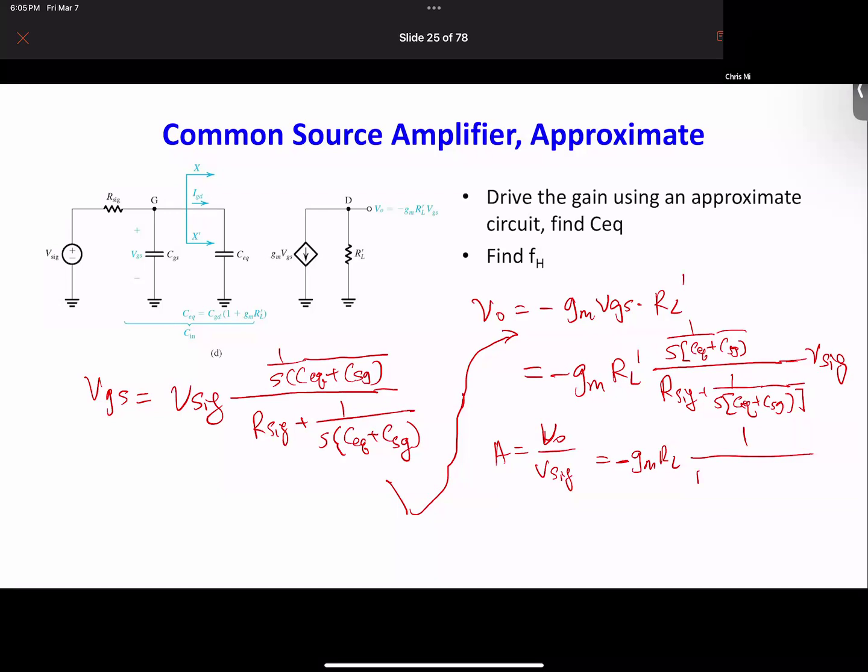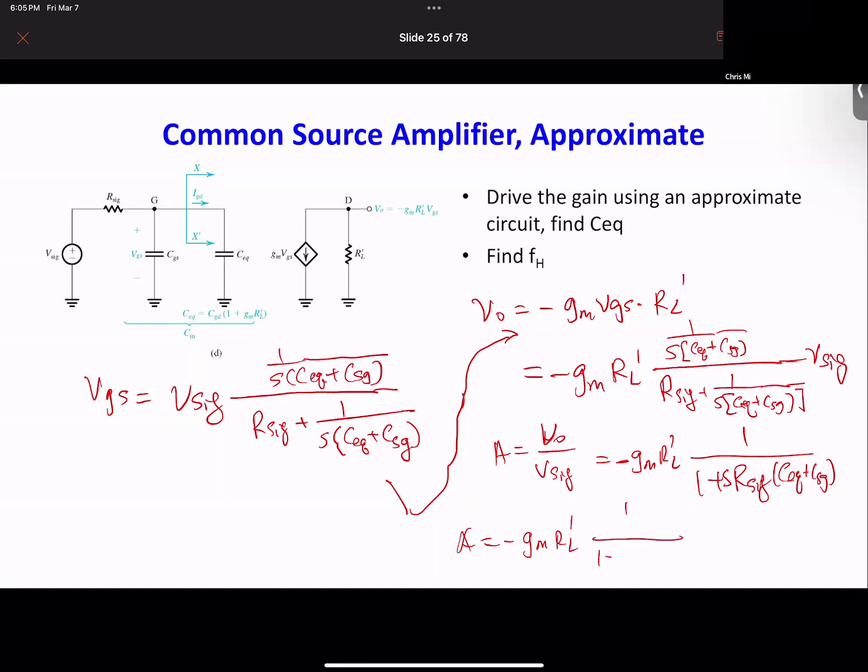So we'll get 1 over 1 plus S times RSIG times (CEQ plus CGS). So this is what we get for the gain. Now we can rewrite this further as minus GM times RL prime times 1 over 1 plus S over omega H.